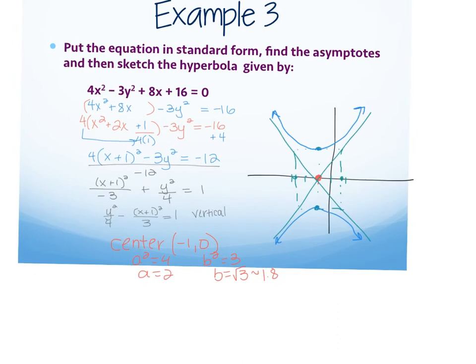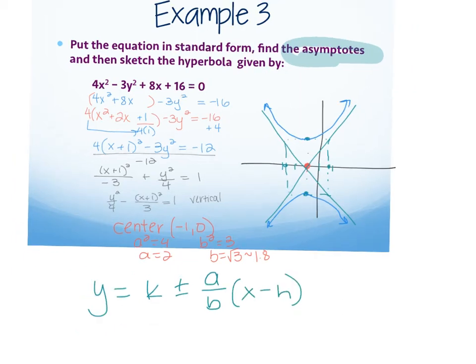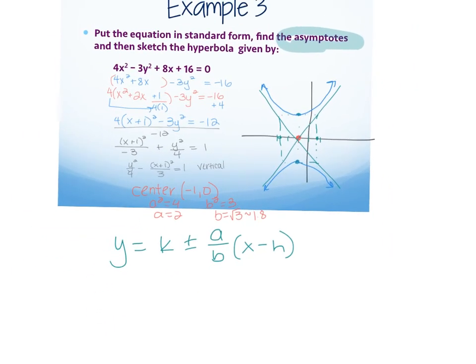Now I didn't do the asymptotes, okay? So when it says find the asymptotes, we know this is vertical, which means it's y equals k plus and minus a over b times (x minus h). From here, y stays as y. My k is the y coordinate of my vertex, which technically is 0, so I don't even need it.